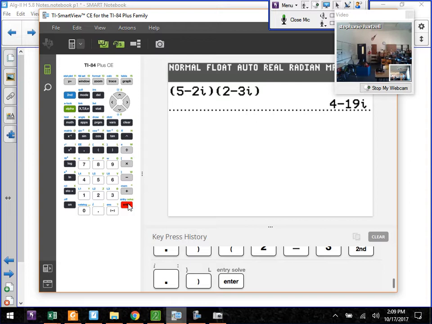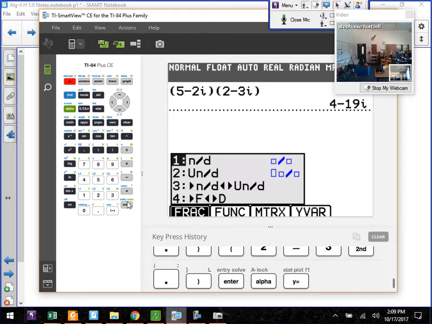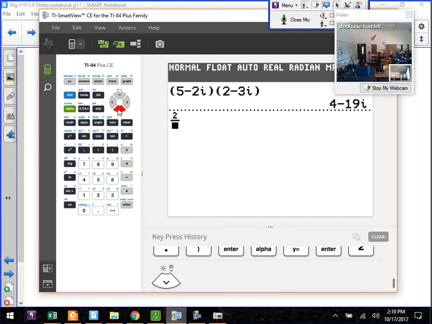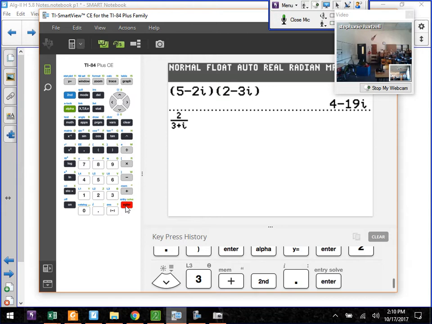Same idea. Why would I make you do this by hand from now on? There's really no valid reason to, because the calculator will do it for us. So as long as you know how to simplify square roots, if they have imaginaries in them, it'll be fine. I wouldn't worry.